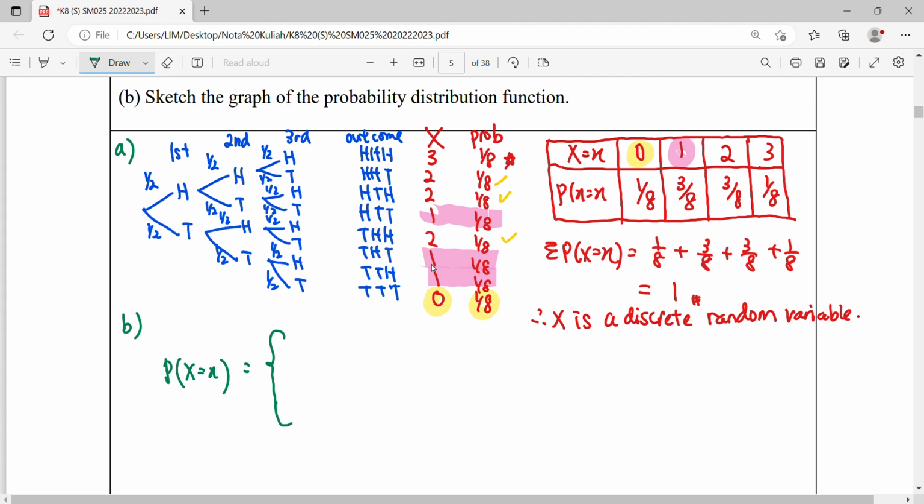Rearrange accordingly. We have 1 over 8 for random variable 0 and 3. Another situation, probability of 3 over 8 for random variable 1 and 2. Lastly, don't forget we have to denote 0 for otherwise.